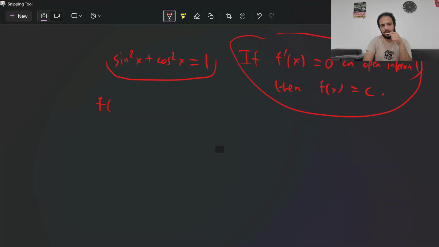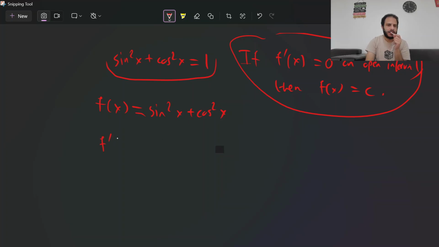So you build the function f of x equals sine squared x plus cosine squared x. You can take just this if you want, or plus 1, as you like. Let's take it without 1. But if you want it with 1, the same idea. So sine squared minus 1, I mean. So sine squared x plus cosine squared x.